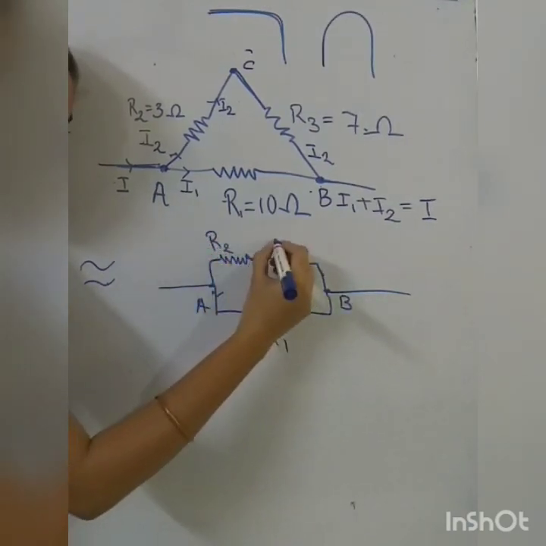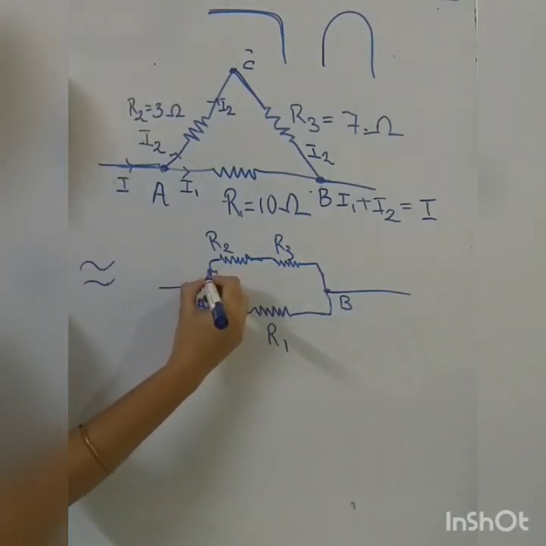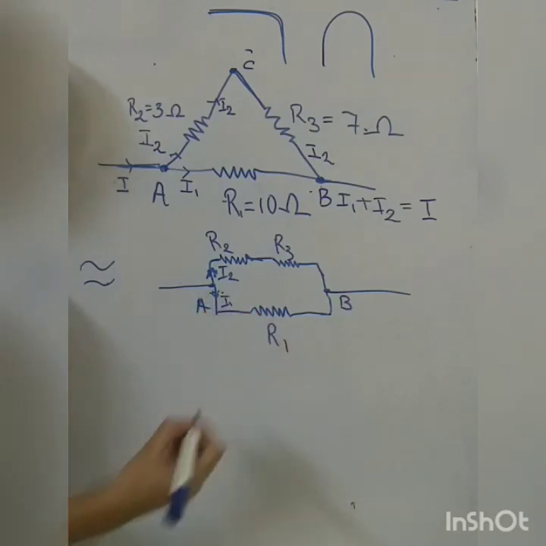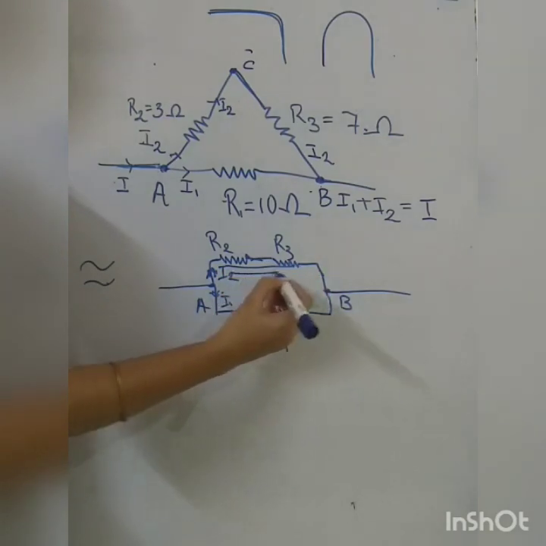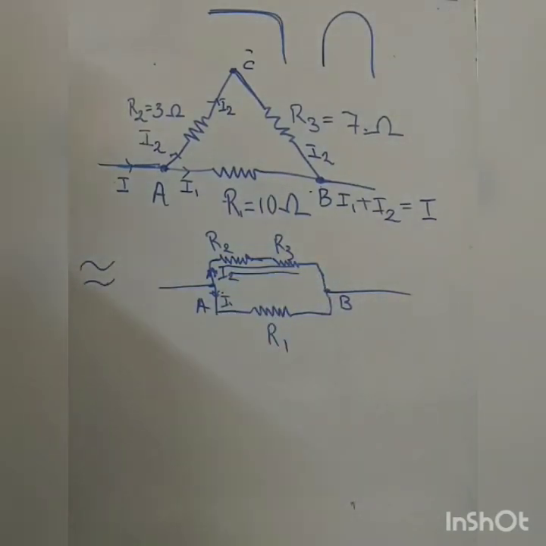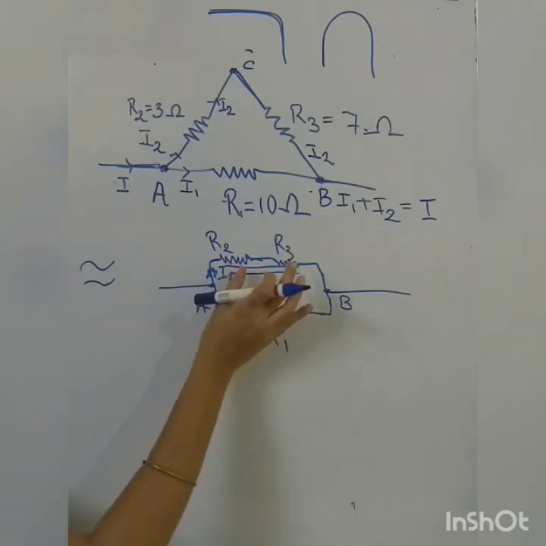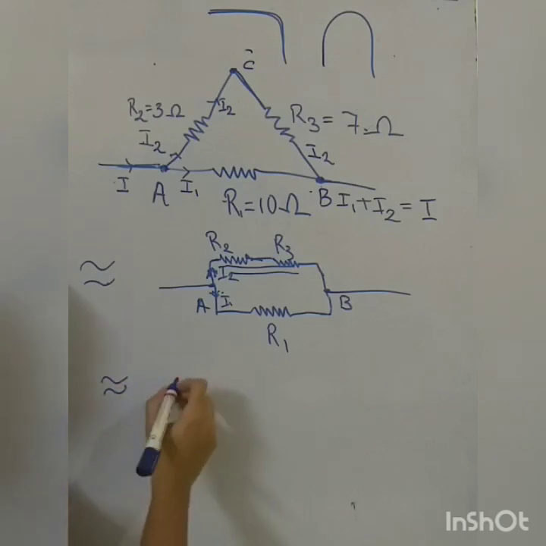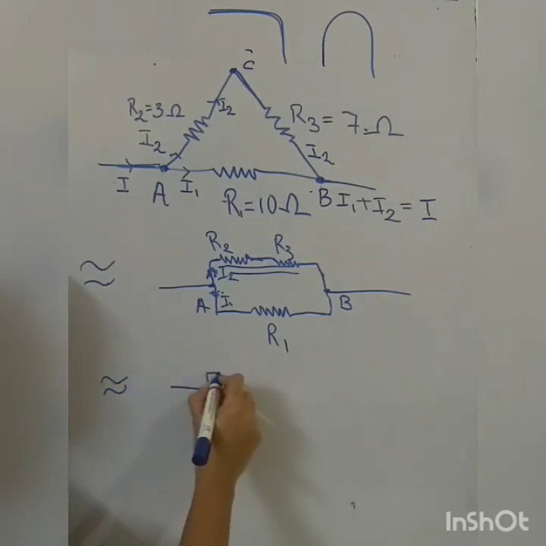Through R2 your I2 current is flowing, through R1 your I1 current is flowing. So you need to find out the value for this series, that is R2 and R3, which are in series. If you further simplify this, then your equivalent circuit will look like this.